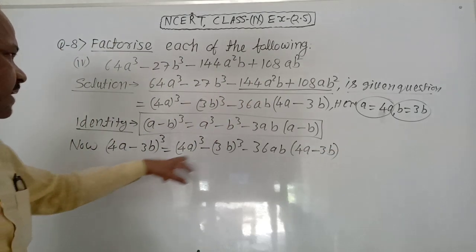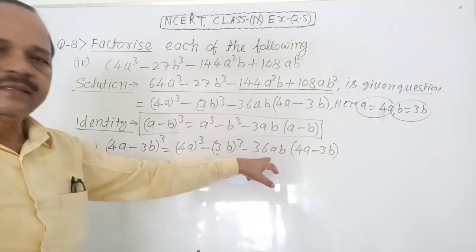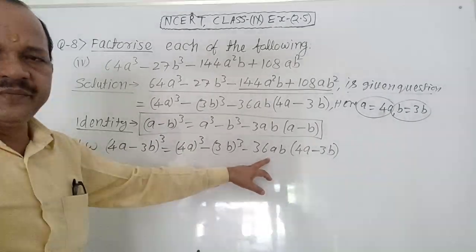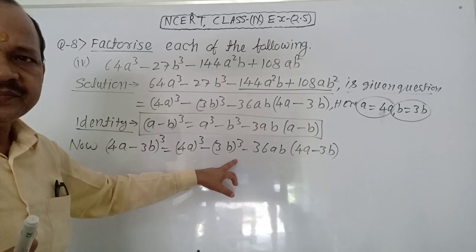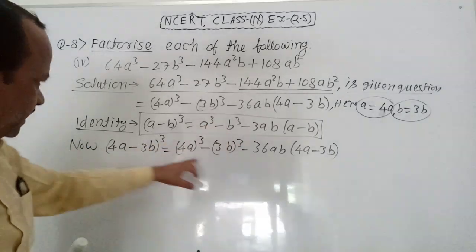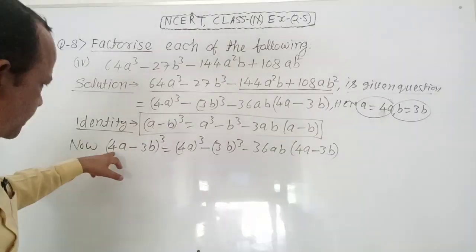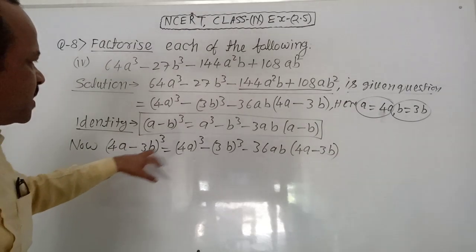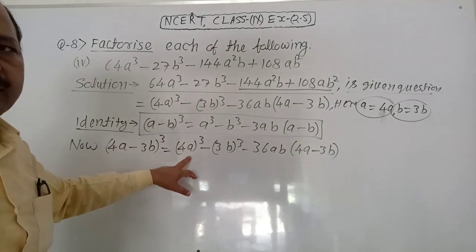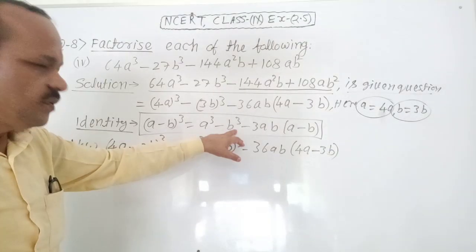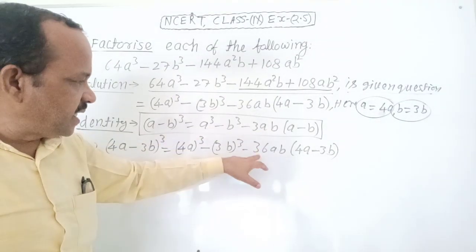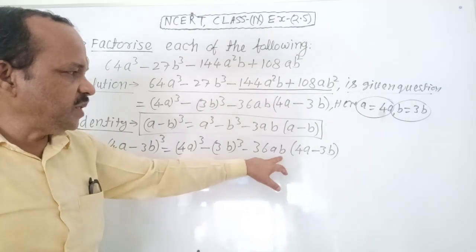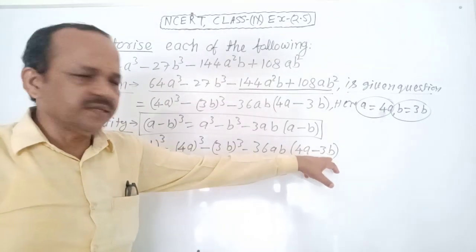You can write it as this. Clear? No confusion about it. It is according to the identity. Here a minus b whole cube, here (4a minus 3b) whole cube. Here a cube, here (4a) whole cube. Here b cube, here (3b) whole cube. Here 3ab, here 36ab in brackets (4a minus 3b).